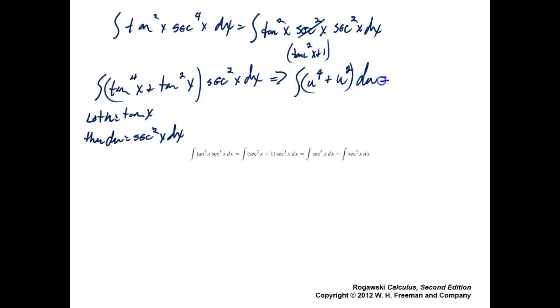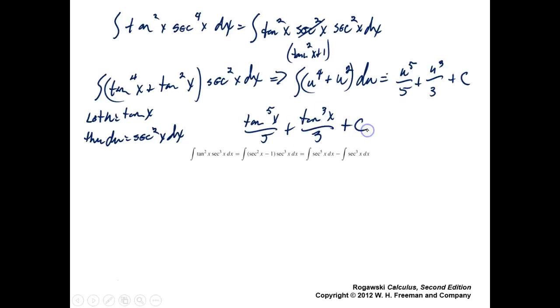Done. And how does that integrate? u to the fifth over 5, u to the third over 3, plus your good old c there. Now you plug back in: tangent fifth x over 5 plus tangent third x over 3 plus c. That should be a bingo if we weren't in Alabama. Okay, yes it is.